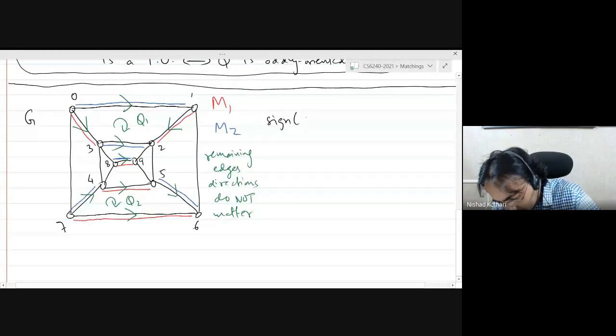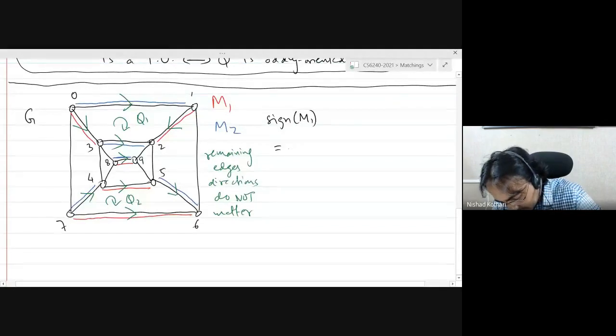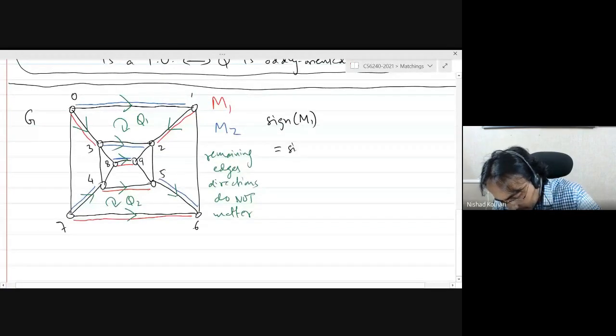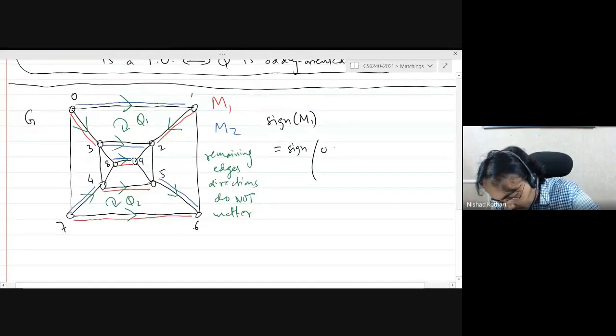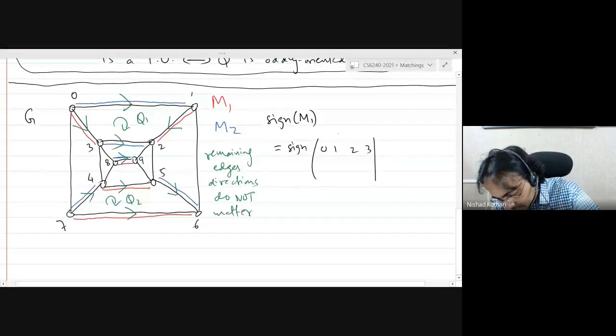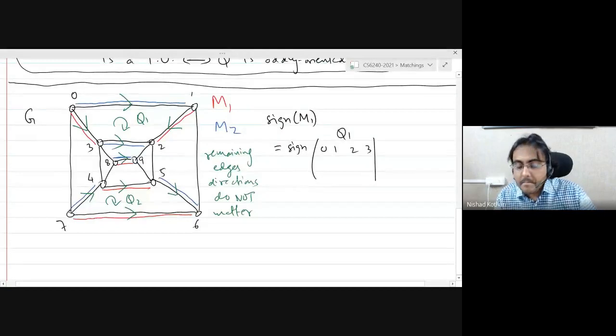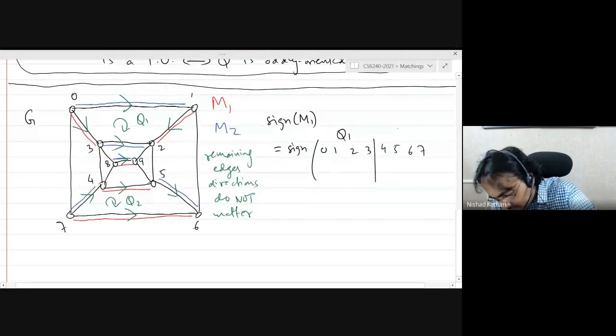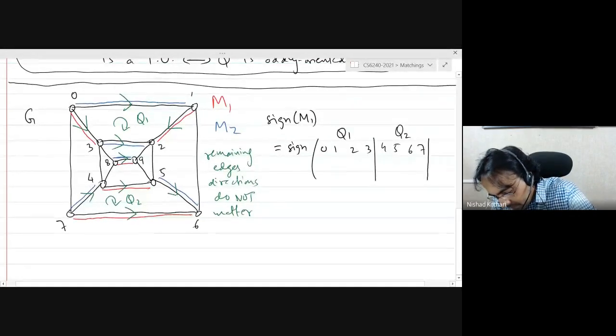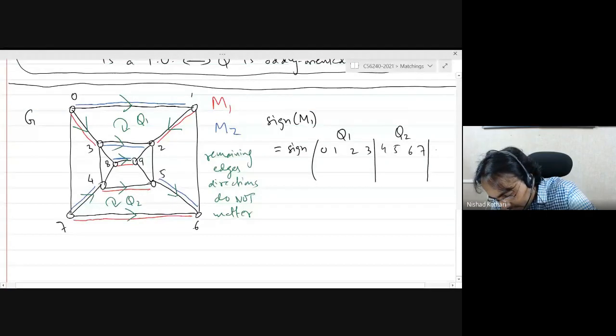Sign of M1 is the sign of the following permutation. So let me put first 0, 1, 2, 3. So this corresponds to our cycle Q1. Then I'm going to put 4, 5, 6, 7. This corresponds to our cycle Q2. And then I'm going to put 8 and 9.